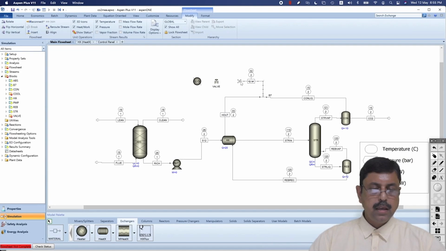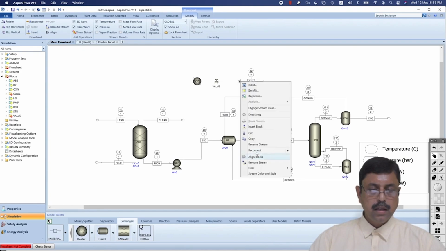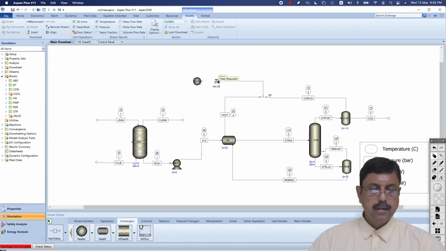And we connect this and this material connection from this to this, and this is the outlet. Okay.